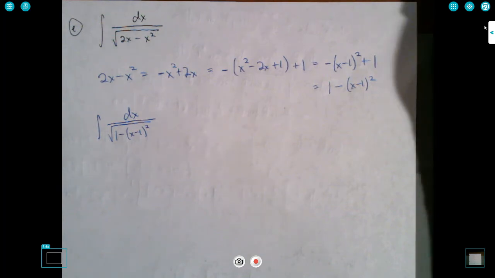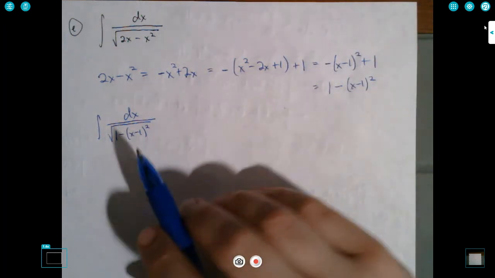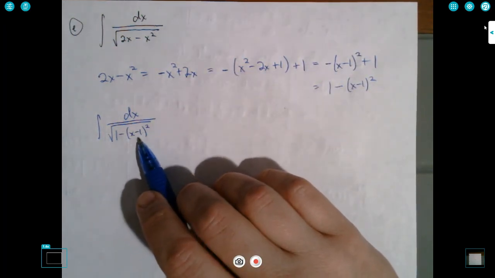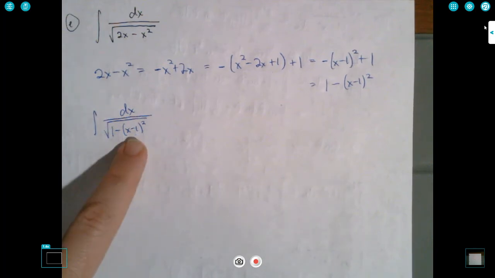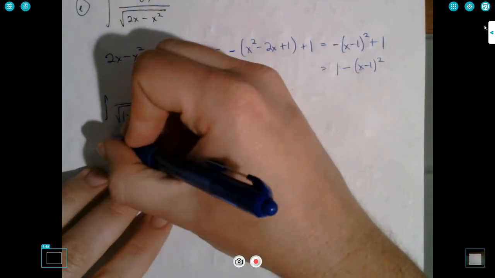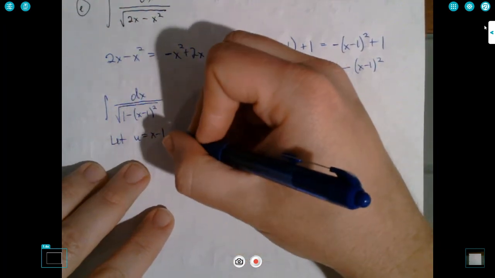Okay, now this still isn't quite in a format where I can do a trig substitution, because I just need a variable in here, not a variable and a constant. But if I do a u substitution first, let u be x minus 1, then I can do a trig substitution later, right? So let u be x minus 1.